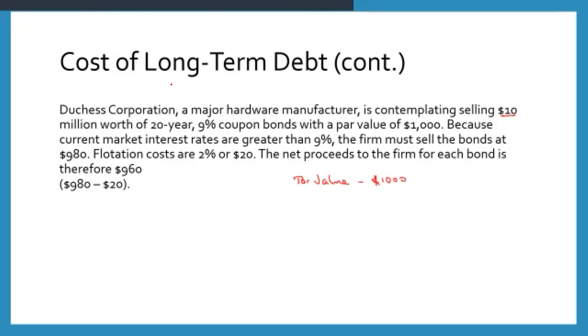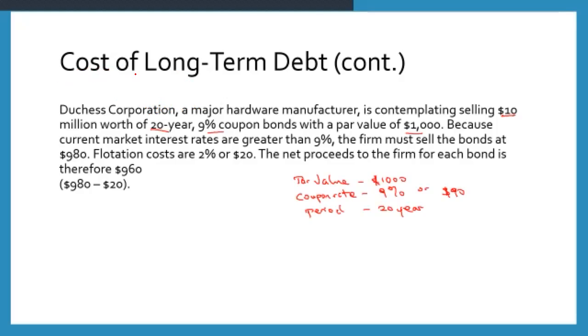When I see a problem like this, I just like to write it out so I know what everything is, right? I know my coupon rate is 9%, or in dollars, 9% of 1,000 is $90. And I know the period is 20 years. So I know I have everything, right?